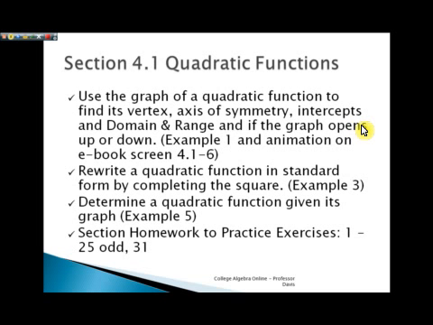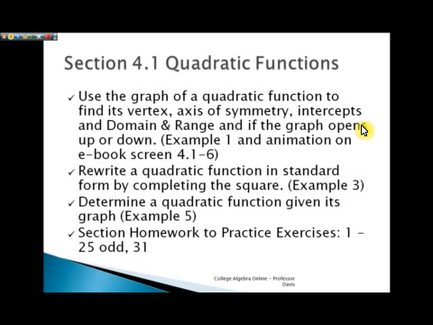And the x-intercepts are found by setting the function equal to 0 and then solving the resulting equation, and that can be done through a technique like factoring or by using the quadratic formula, and then finding the domain and range of a quadratic function.